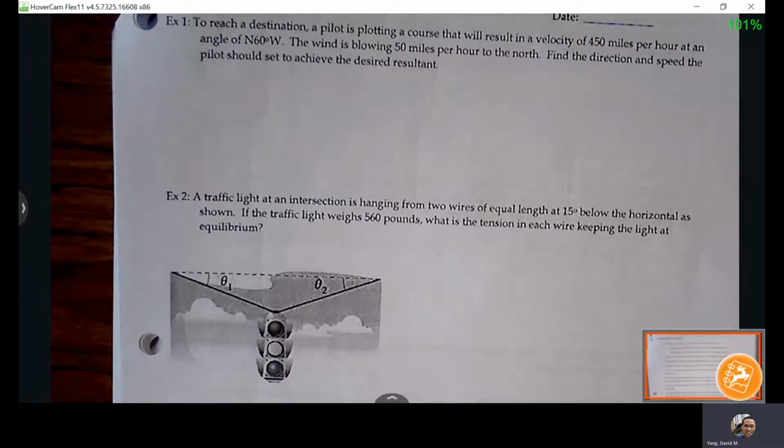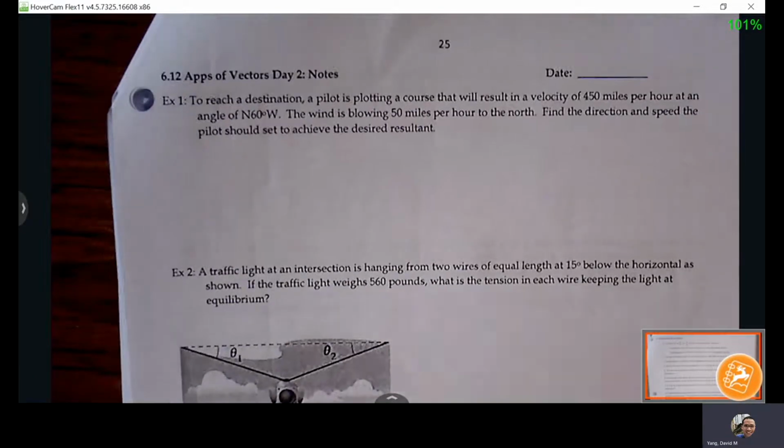We're not going to get too far into it, but we can at least begin the process and spend Monday finishing off the rest of this worksheet. Okay, page 25.